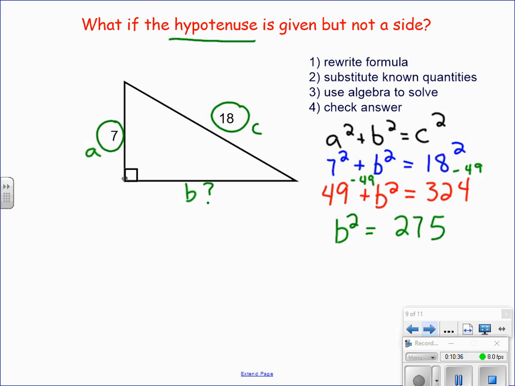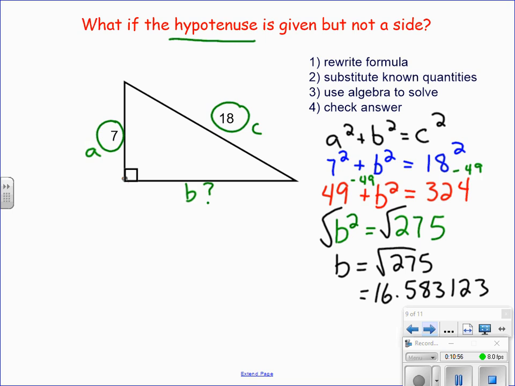Again, my final step is going to be to square root both sides, and that is B is the square root of 275, which with your calculator comes out as 16.583123 actually. I'm going to round that off to 16.6. So that is going to be my new answer, 16.6.